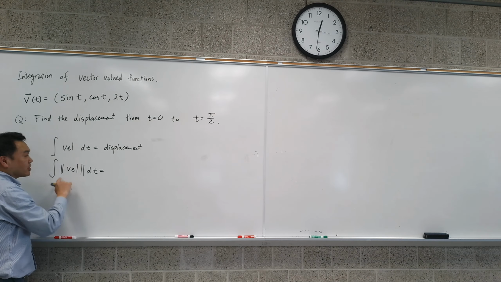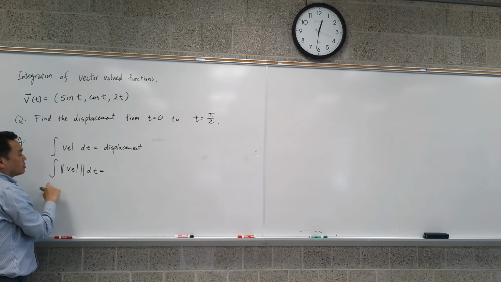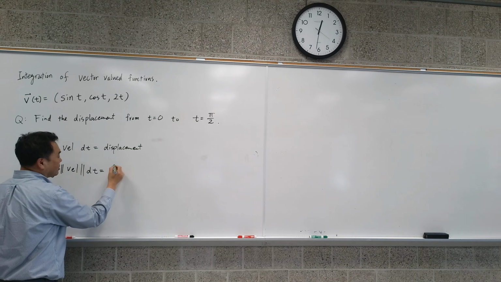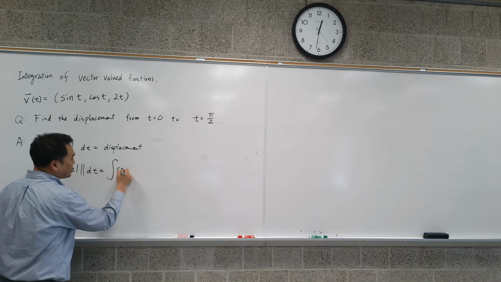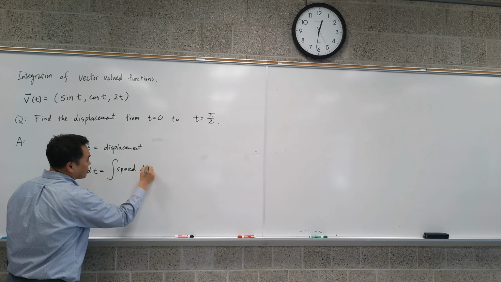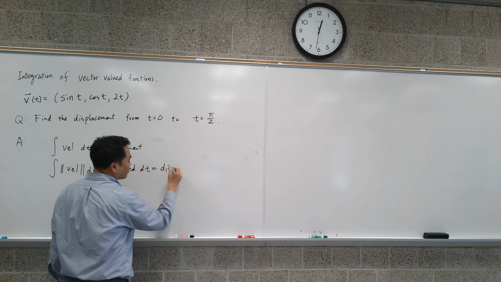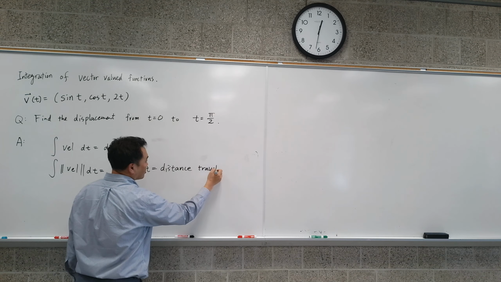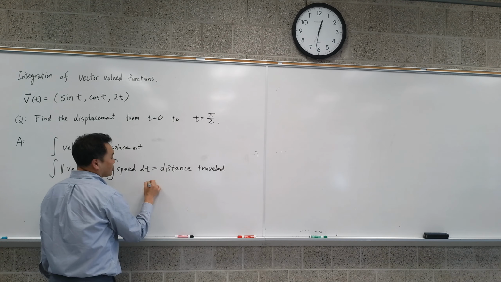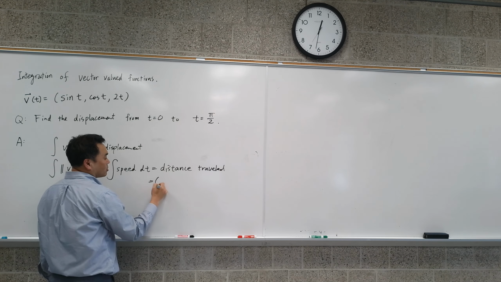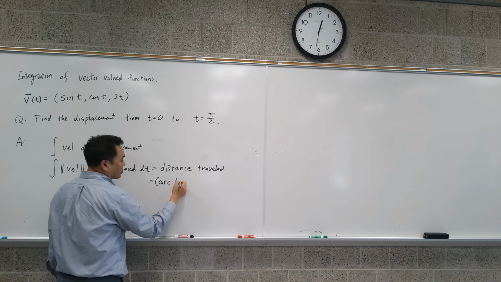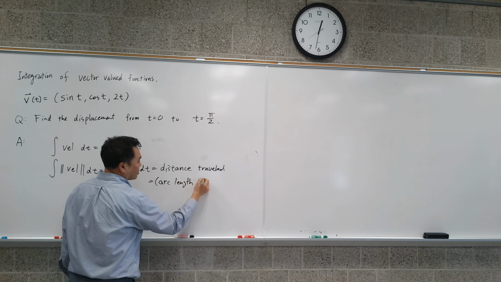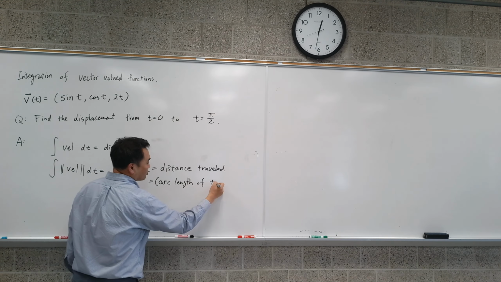Velocity is a vector, so the norm of the velocity, which is the same as speed, gives you distance traveled. And this is really equal to the arc length of the trajectory.